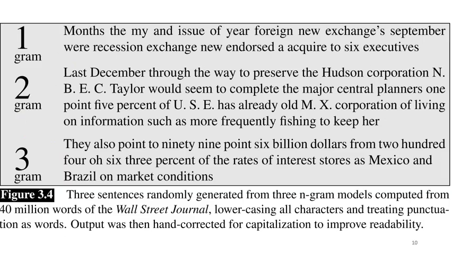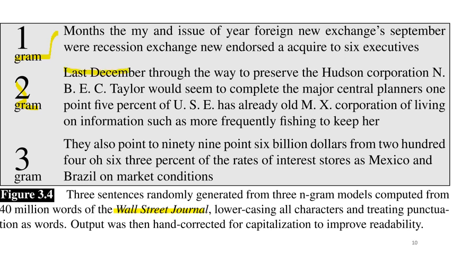This is another set of sentences randomly generated using the corpus from the Wall Street Journal. Again, you can see that the sentences from the unigram model do not really make any sense. Months, the, my, and issue is just weird. Using bigram, it is quite okay.